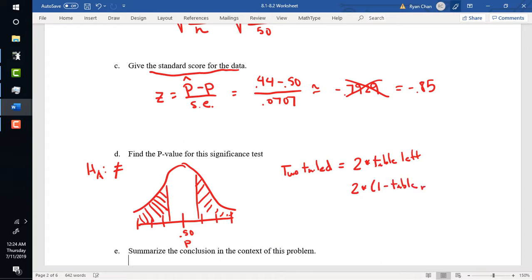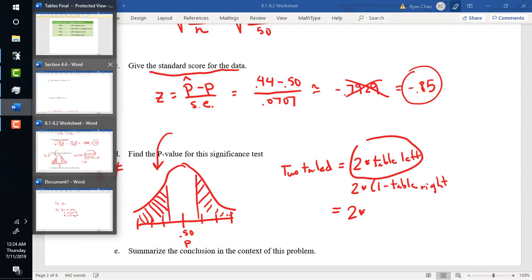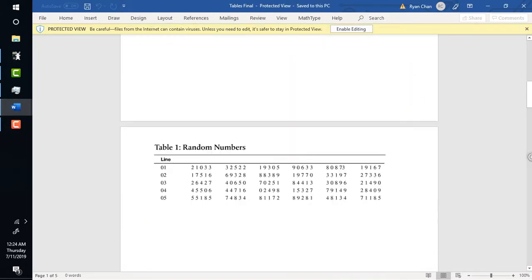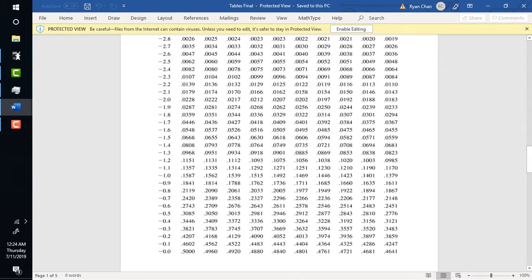Now let's think about this. We're doing the negative 0.85, so we're actually doing this one. So we'll do 2 times the table of the left. So this is 2 times, I'm going to look up my table for negative 0.85. Negative 0.85 is 0.1977.